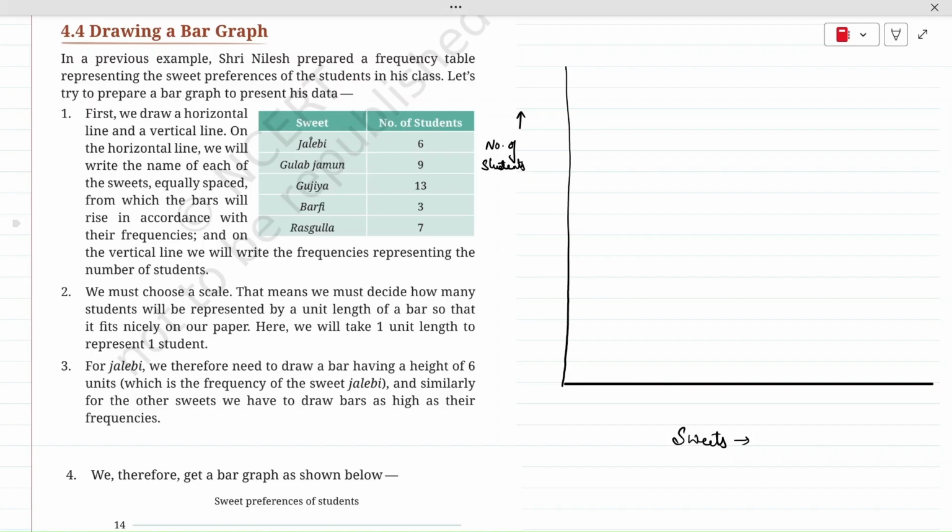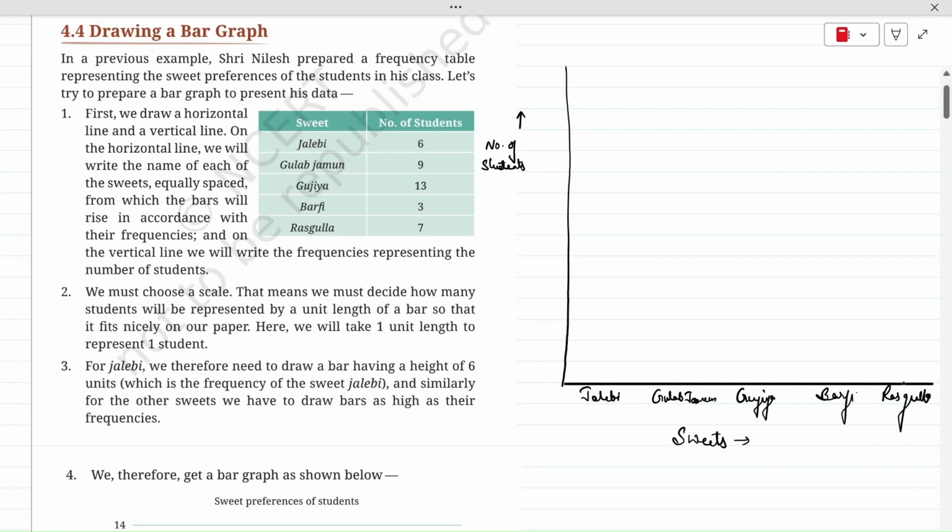Now, what are the sweet names given to us? We have jalebi, I am writing here. Next we have gulab jamun, gujia, barfi and rasgulla.